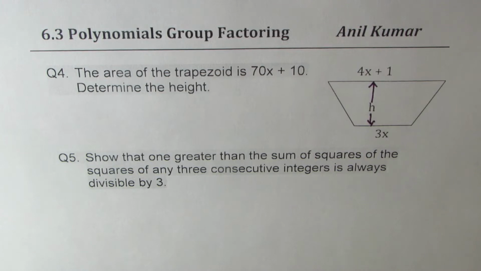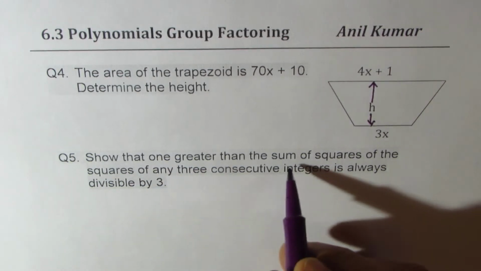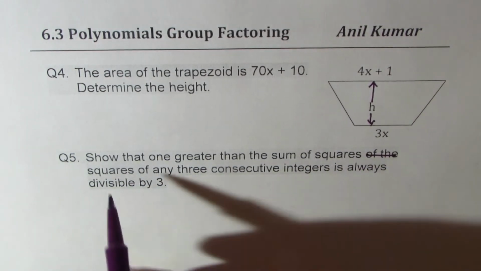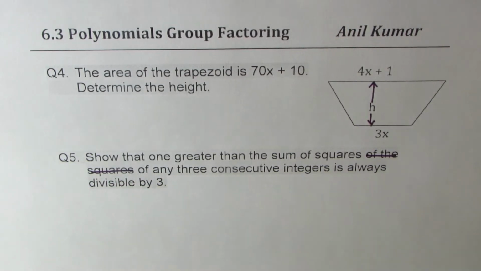Question number 5. Show that 1 greater than the sum of squares of any 3 consecutive integers is always divisible by 3.